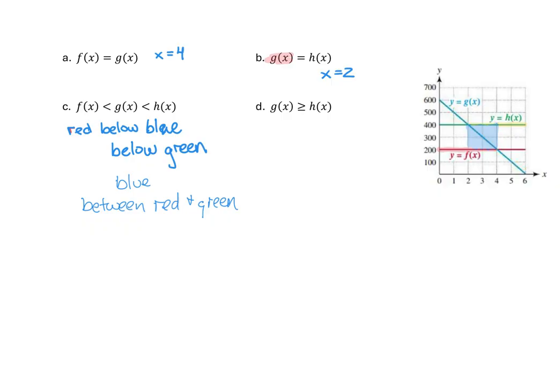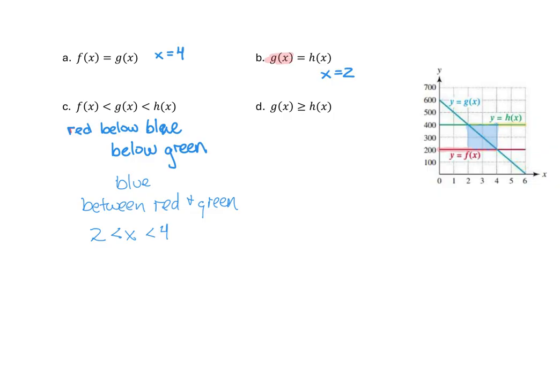And so what we get here is that this starts at 2 and it finishes, and we're done. That's one of the ways that you can think about these three-part inequalities.